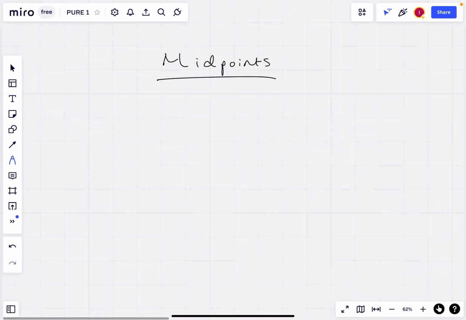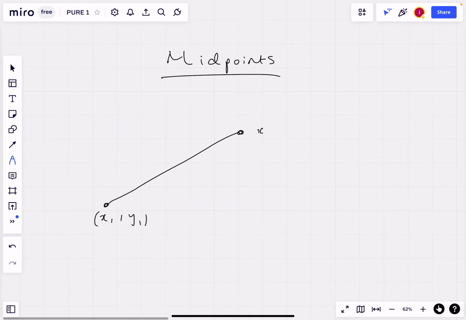If you have a straight line, something like this, and you've got two coordinates, x1, y1, and x2, y2, you can be asked to work out the midpoint of that line, in which case there is a formula or a general equation which you can use.